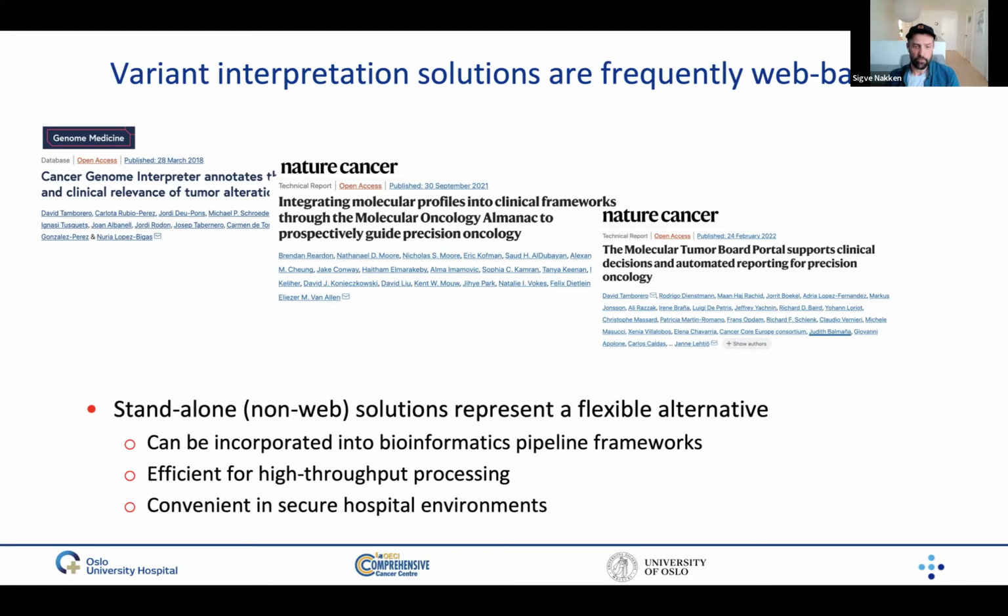So we, of course, would argue that a standalone, non-web solution could represent a good alternative, in that you can feed such an interpretation tool into your standard bioinformatics pipelines. And we think this can also cater more for high-throughput processing of samples. And what has also been important for us in Norway is that using non-web solutions is critical because we do all of our work in secure environments where we don't have access to the internet. So we need to have some solution that works without access to that.